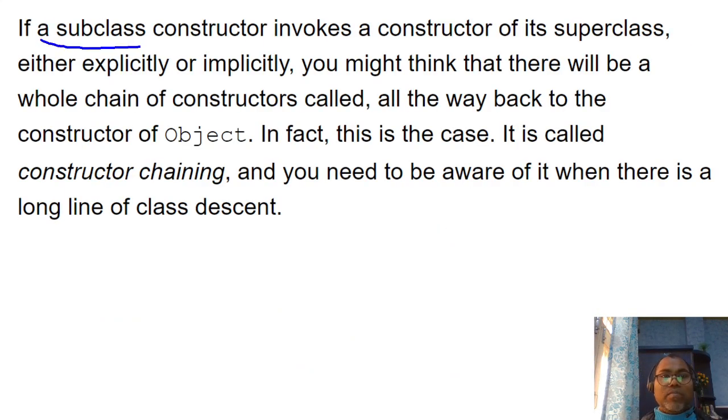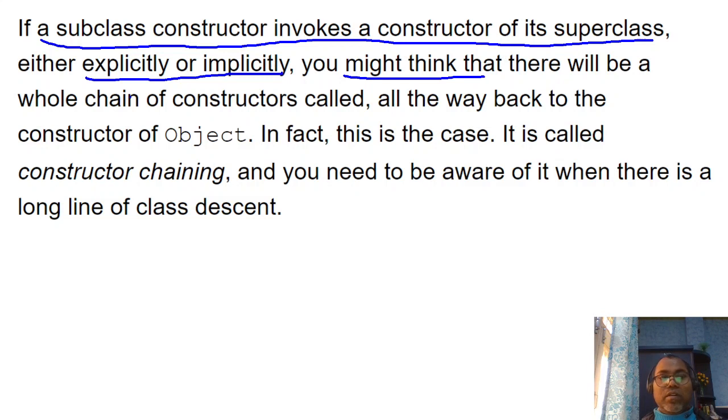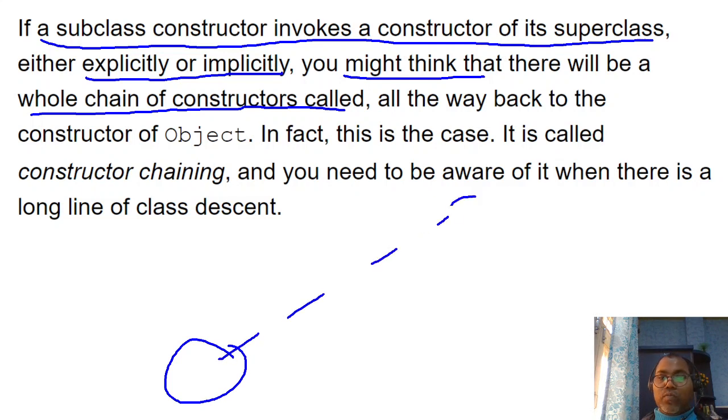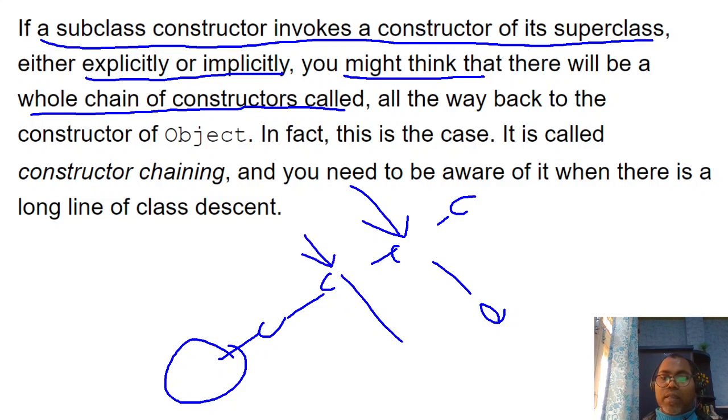If a subclass constructor invokes the constructor of its superclass, explicitly or implicitly, you might think of a whole chain of constructors. Whenever any subclass constructor is invoked, it always invokes all the superclass constructors. If you have not defined any constructor, the compiler inserts the default constructor, so your chaining will happen properly.